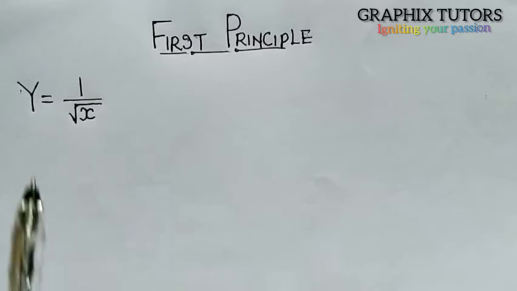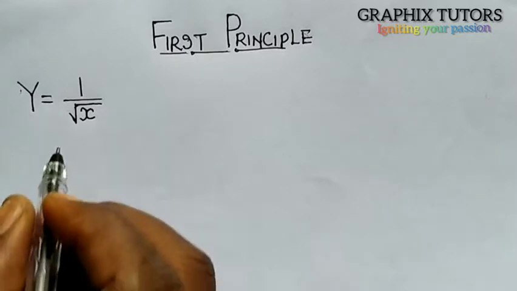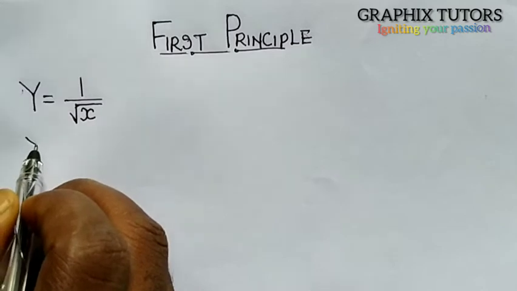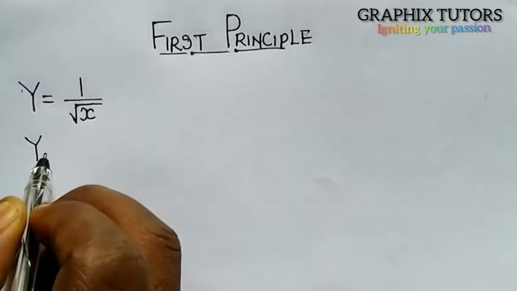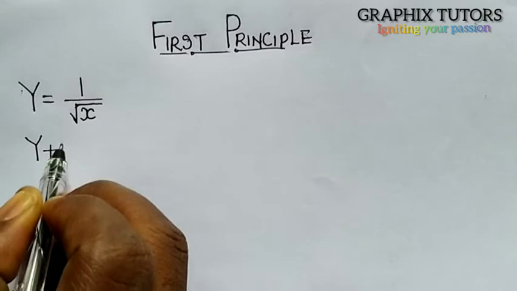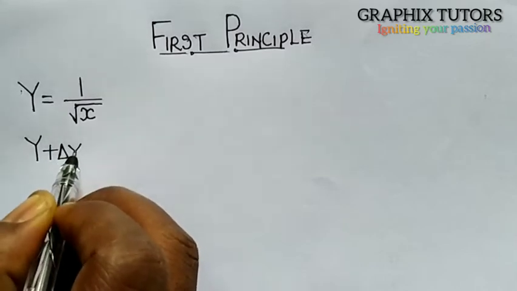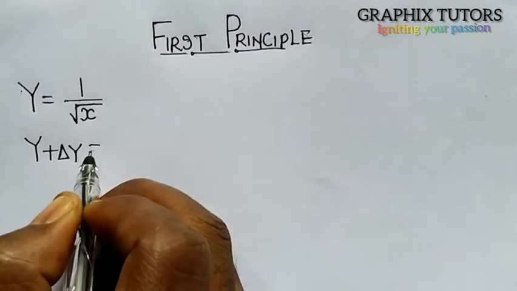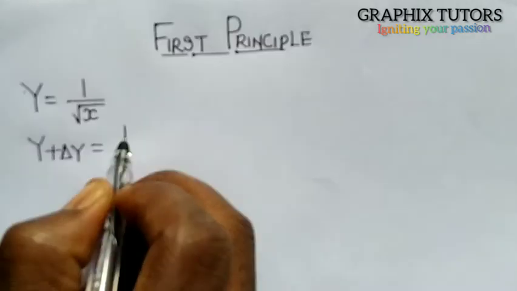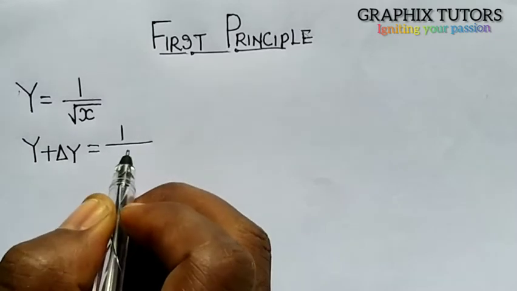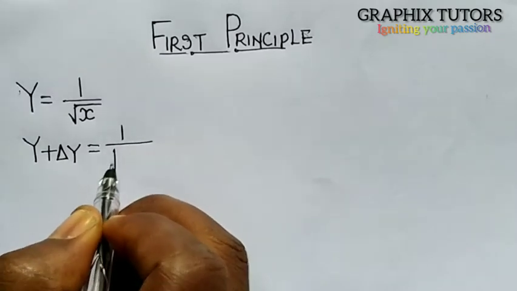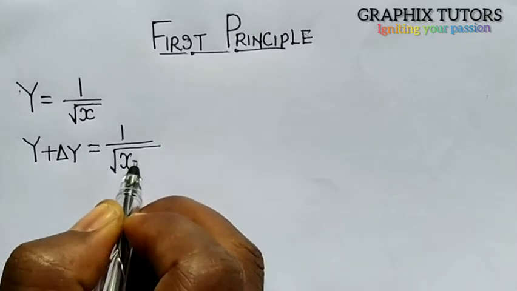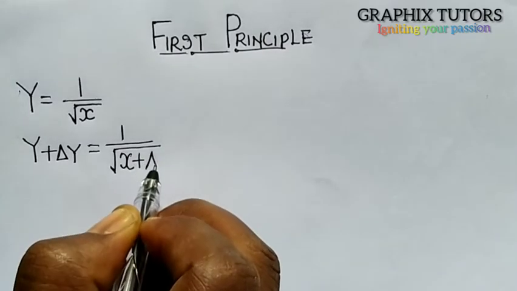So if you add the variable increase in y, that will give me y plus delta y, right, is equal to 1 all over the root of x plus delta x.